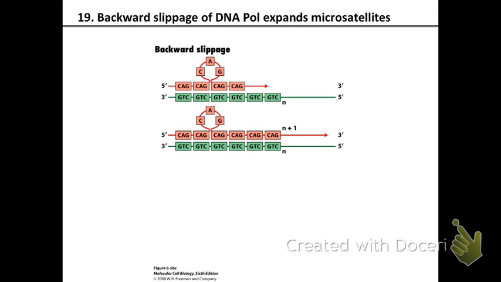But sometimes DNA polymerase makes a mistake when it encounters repeats. It gets confused. So how does that happen? Here's your parental strand again in green, and it is making the new strand, but sometimes DNA polymerase slips backwards.